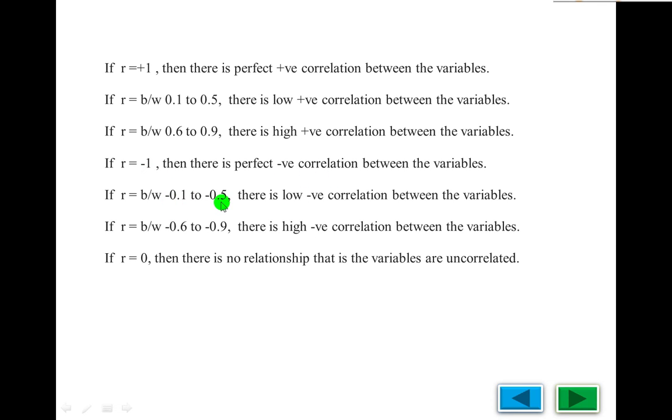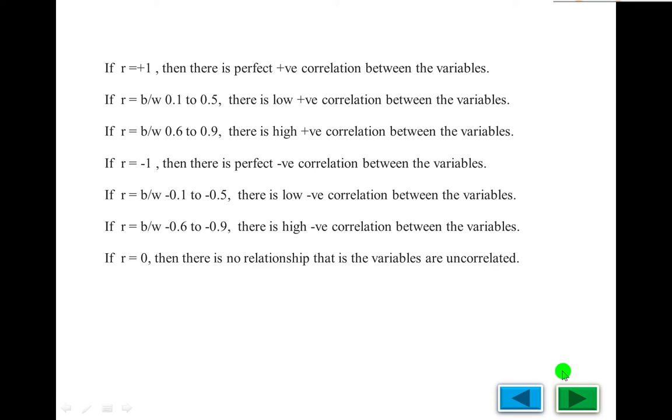Between -0.1 and -0.5, low negative correlation between the variables. -0.6 to -0.9, high negative correlation between the variables. If r is equal to 0, then there is no relationship between the variables, or you can say the variables are uncorrelated: no effect, no dependency.